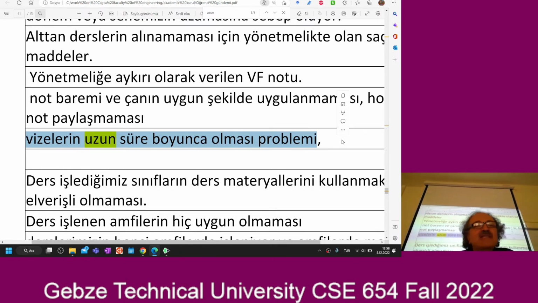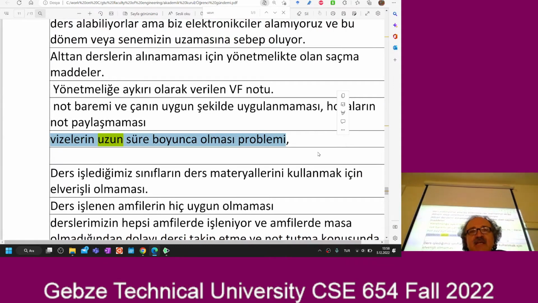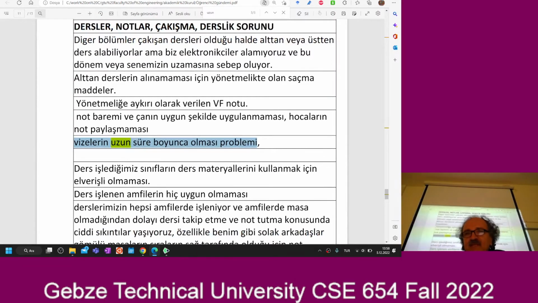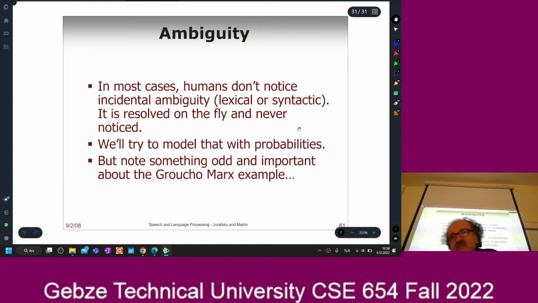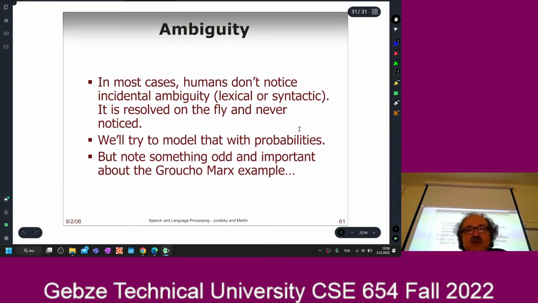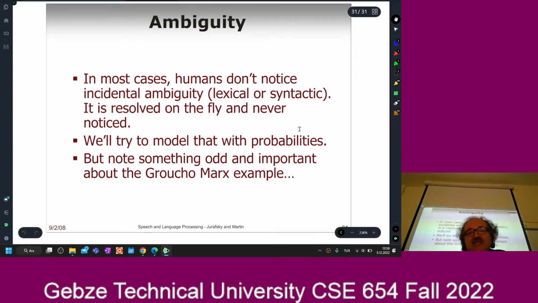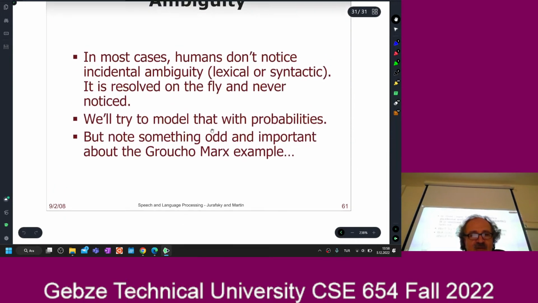This kind of stuff is common to all languages, especially if you don't share the same context. I don't share the exact same context with the students, because I don't make many exams. I just make 2 of them, and I thought that my exams are too long. Let's say that there are many exams going on for 2-3 weeks, and maybe we should do it in the same week. So ambiguity, again, is common to all languages.